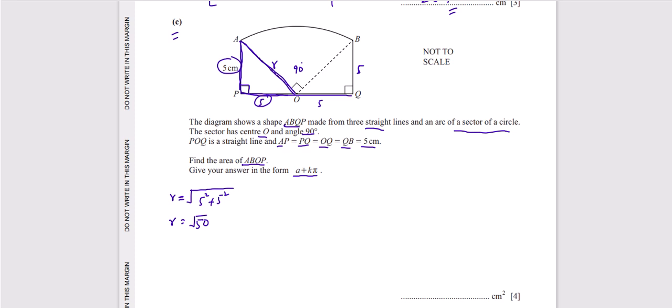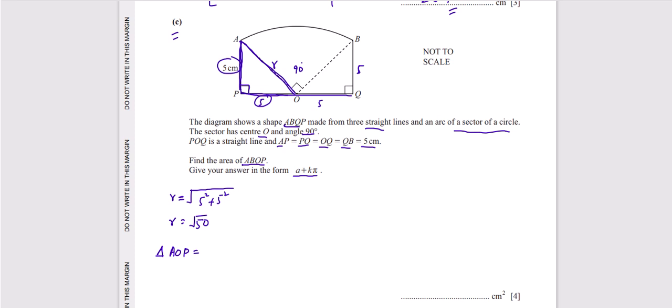Okay, and now find the area of the triangle. This one is now the area of this triangle, the area of triangle AOP.